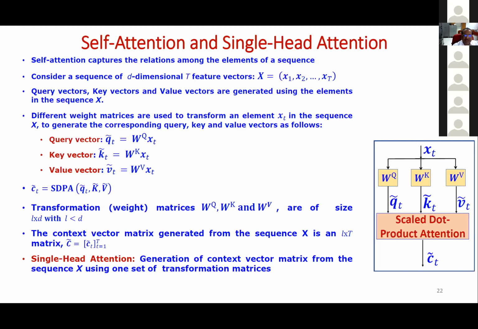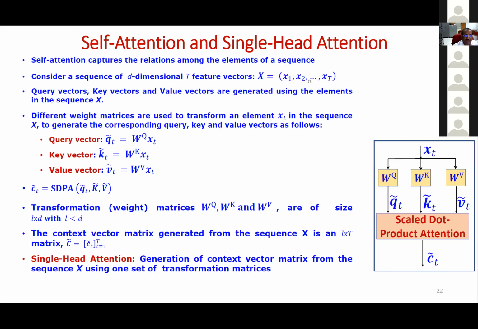Actually, the term transformer represents capturing the relationship by performing various types of transformation. So here is one type of transformation that we are doing. It's a simple linear transformation, and that's why these weight matrices are also called the transformation matrices.